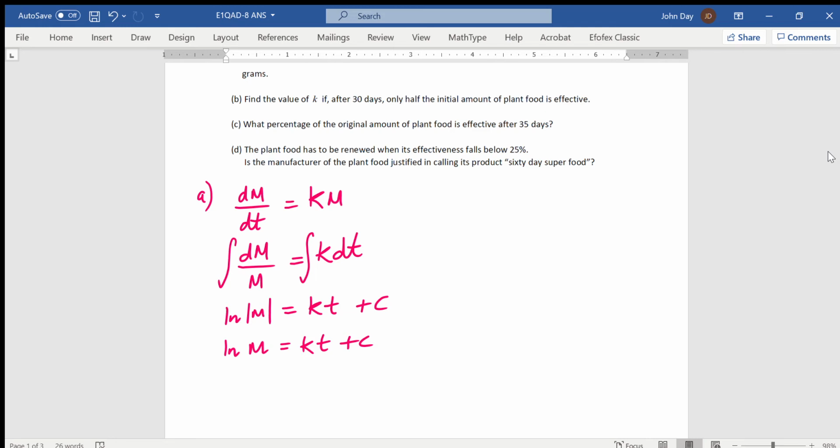Okay, now what I'm going to do next is raise both sides as e to the power of the left side and e to the power of the right side, which means I'll get M is equal to e to the kt plus c.